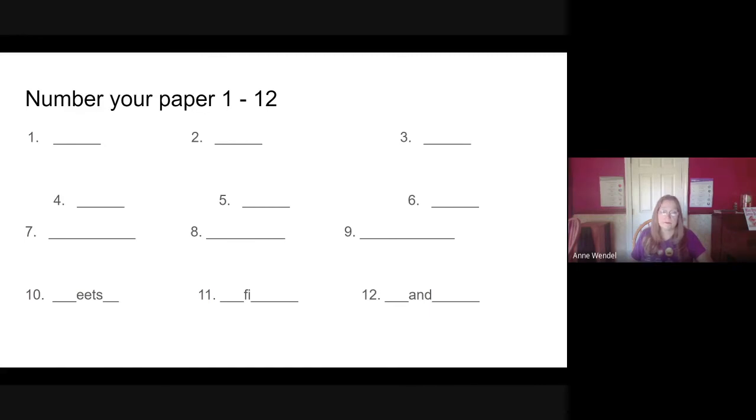Number 11, add some letters to make the word fist. Fist. Number 12, add letters to make this word hand. Hand.